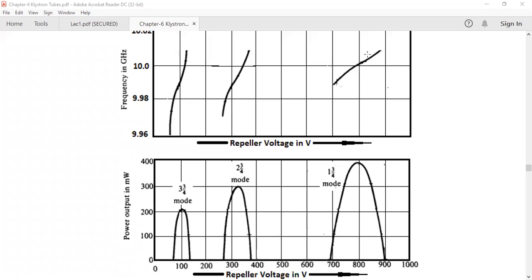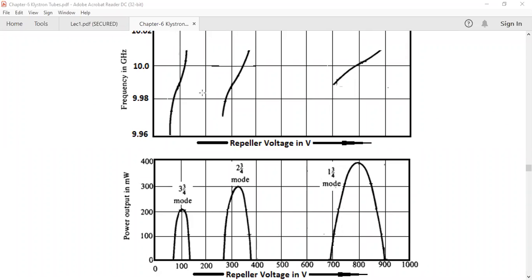That is more in the first, dominant mode, the second mode is less, and the third mode is very less. So you can draw the diagram of your reflex klystron and explain the operation based on the Applegate diagram and this output power.